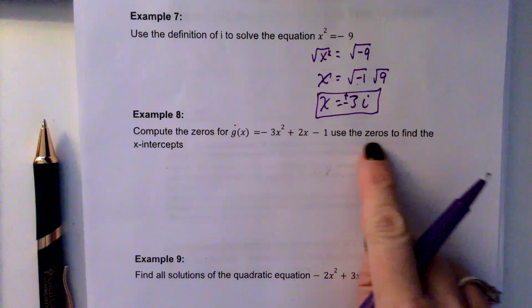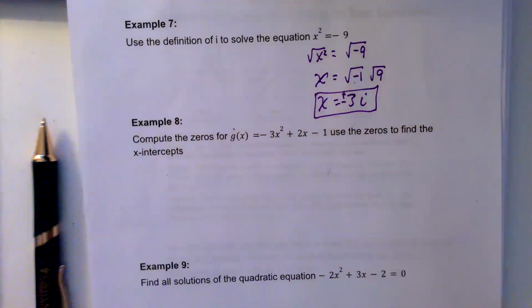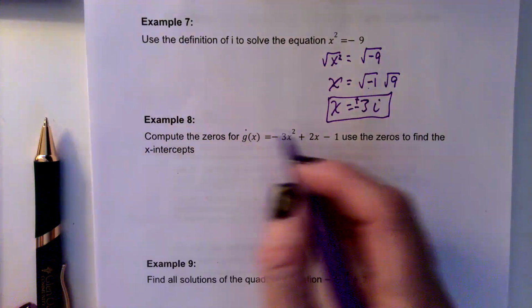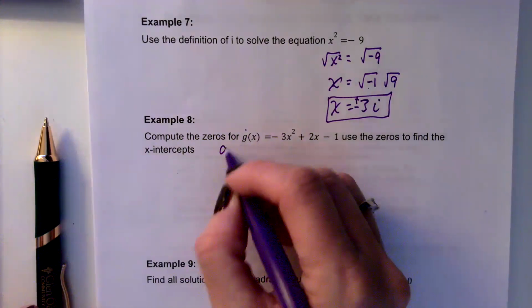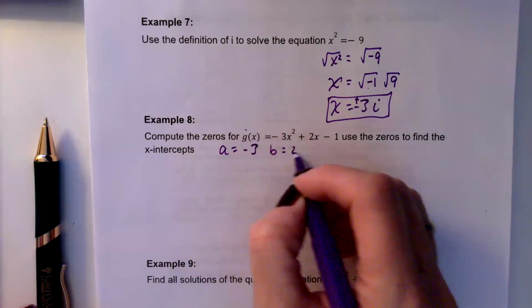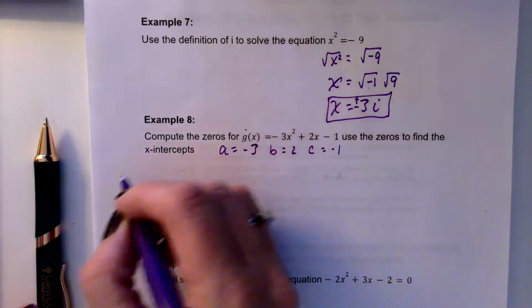Computing the zeros for this function uses zeros to find the x-intercepts. I'm going to use the quadratic formula where a is -3, b is 2, and c is -1.